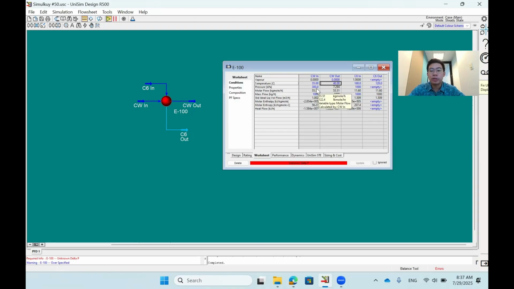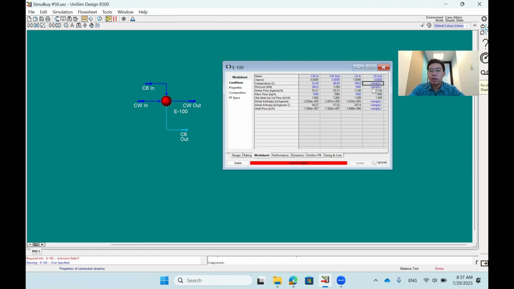Okay, so here we could see that the pressure could be calculated, because we need two pieces of information, but still it is not enough. Now, if we try to spec this, it will show overspecified. So we need to erase one of them, for example, this one.